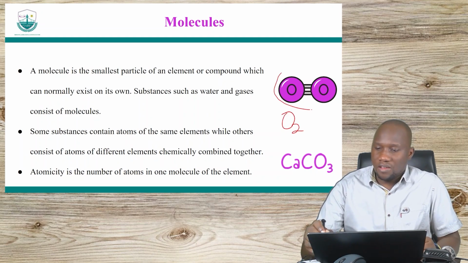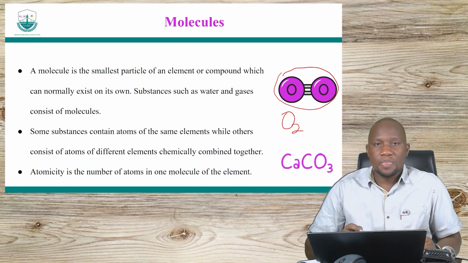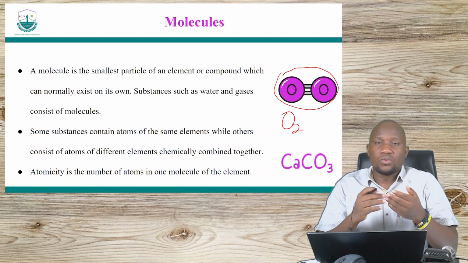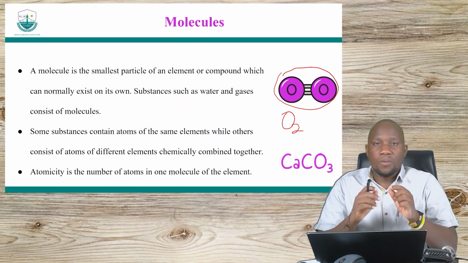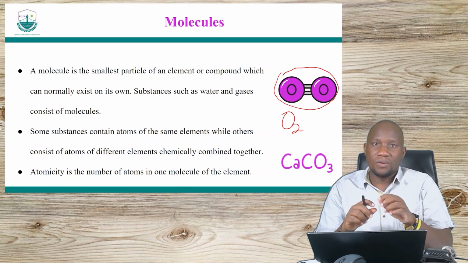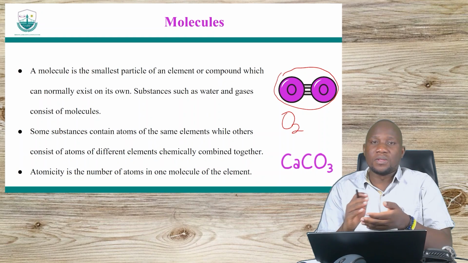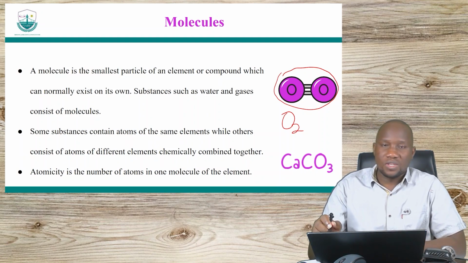This is what we have here. What does this mean? It means that oxygen exists in a way that it has two atoms, okay, two atoms combined, and it exists as a molecule that consists of two atoms, right? So that molecule we are saying is the smallest part of one element that can exist on its own. In this case, the element is basically oxygen.